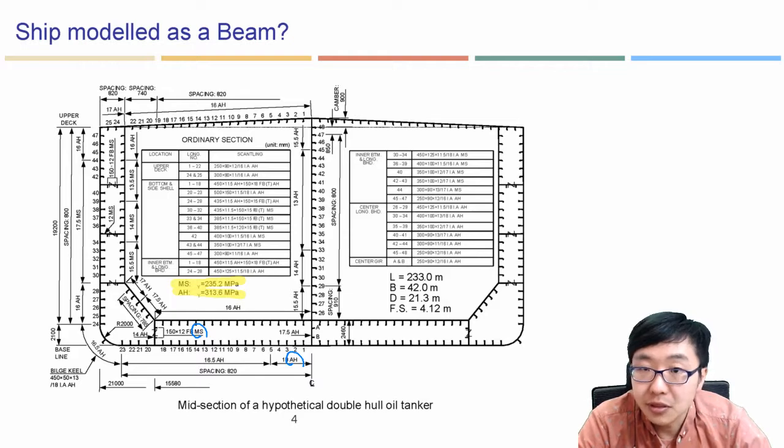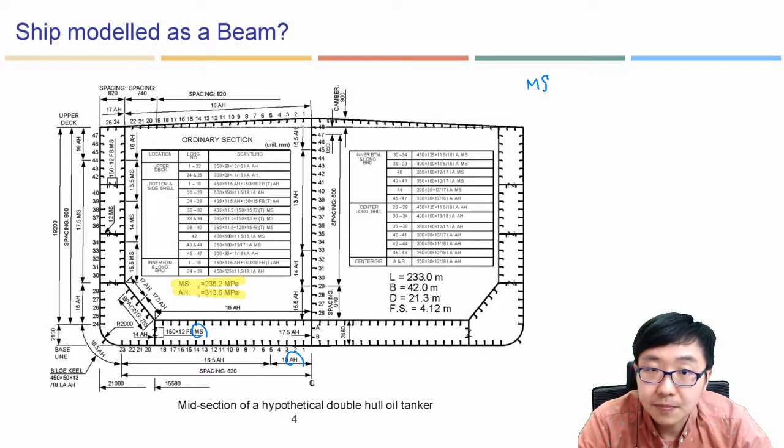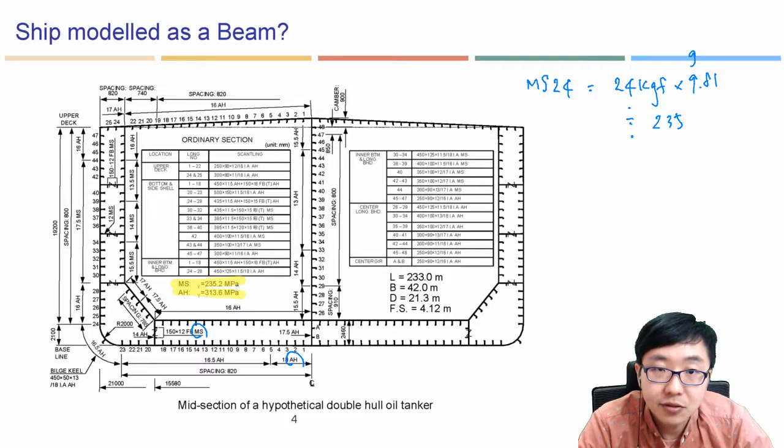If you don't remember, the mild steel 24 was 24 kilogram force times gravity 9.81, so that you can get nearly 235 megapascal.